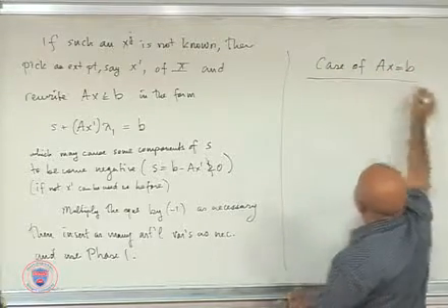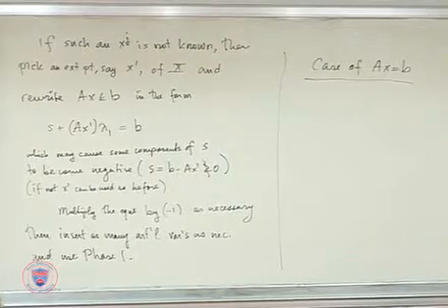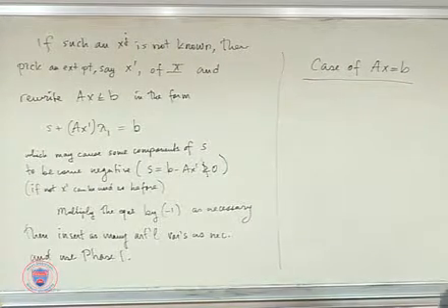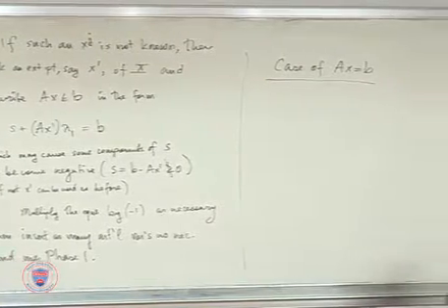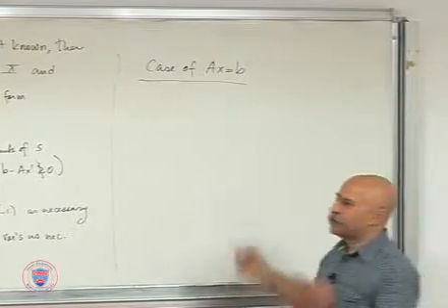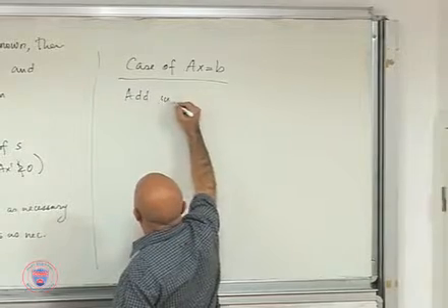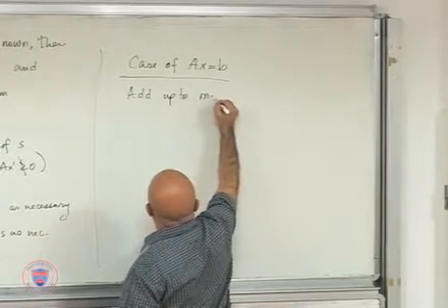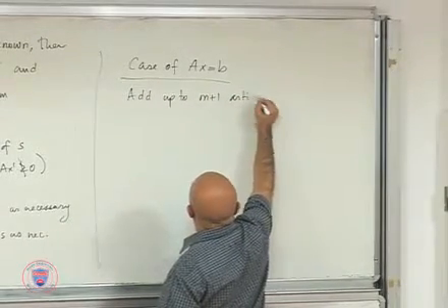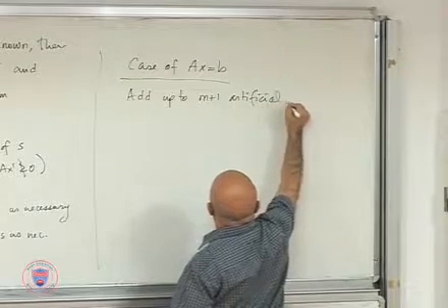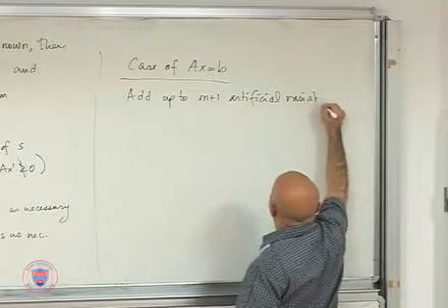The case of AX equals B is similar. In this case, we have really nothing to start with. It's just too complicated. Add up to n plus 1 artificial variables to the master problem.